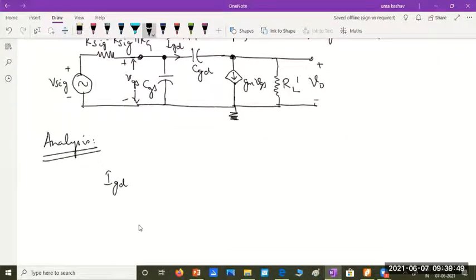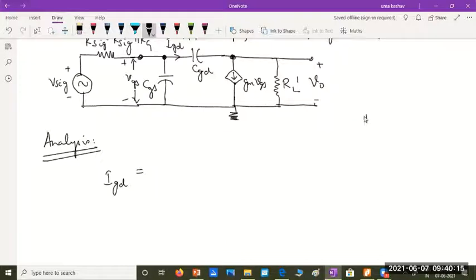So what is the expression that can be written for this current IGD? What do we write usually? The voltage, what is the expression?